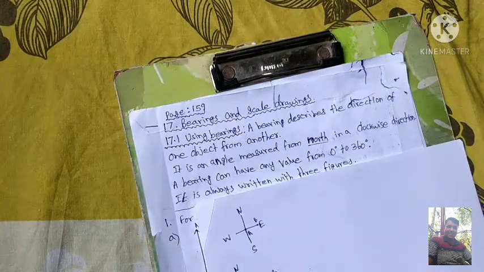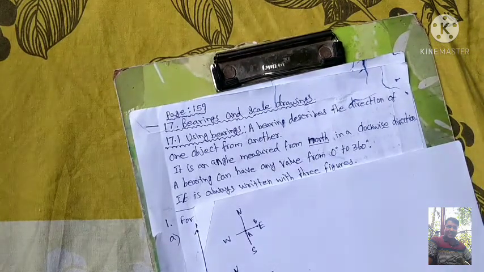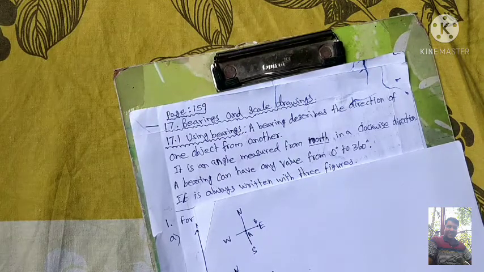The next important thing you have to remember: bearing of B from A and bearing of A to B, both are same. So where we are starting, where we are ending.